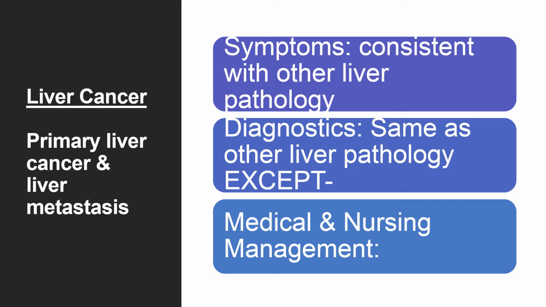Liver metastasis is often the first sign of cancer in an abdominal organ. Symptoms of liver cancer are consistent with other liver pathology, meaning they may have right upper quadrant pain, back pain, weight loss, an enlarged liver, jaundice, etc.